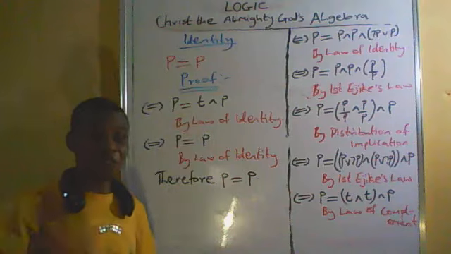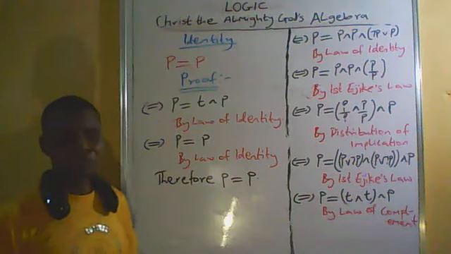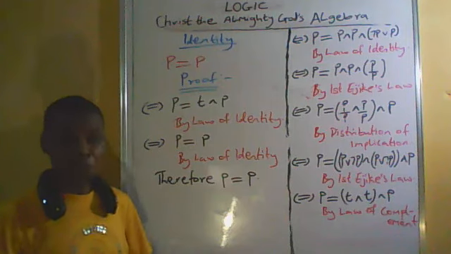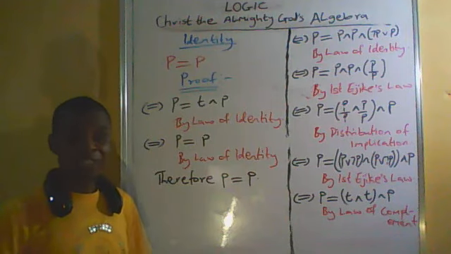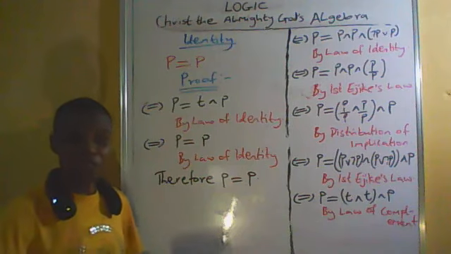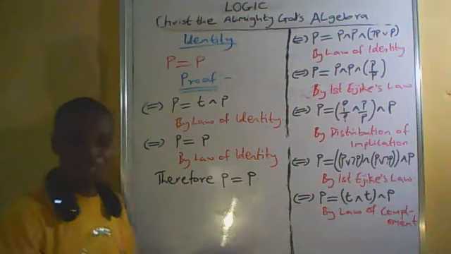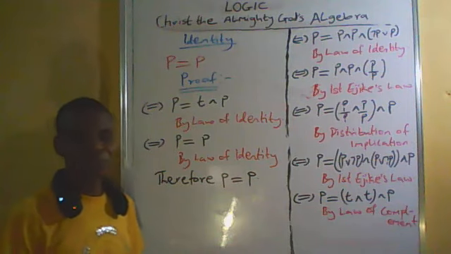So we cannot prove the converse, because P is equal to P is the same thing as P is equal to P. They are the same syntax and the same semantics.